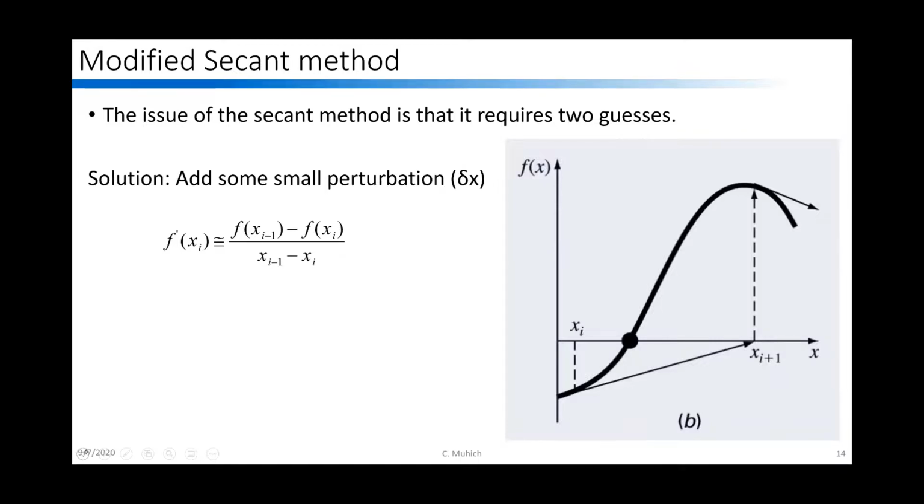One of the ways around this is called the modified secant method. This is going to behave by only requiring a single guess and then adding some small perturbation to it.